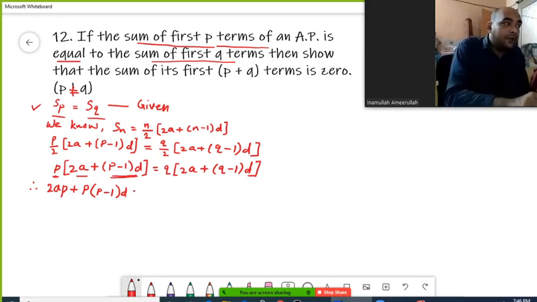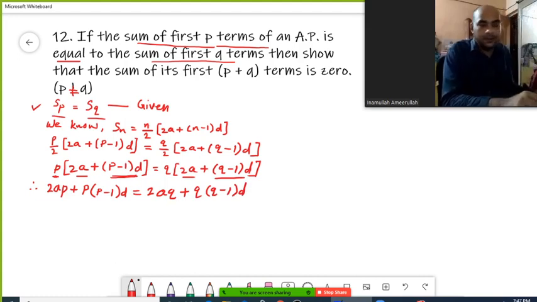This p is multiplying with the second term. The same way on the other side, we have two terms again. You can multiply q with them. So it will become 2aq plus q into bracket q minus 1 into d, like this.